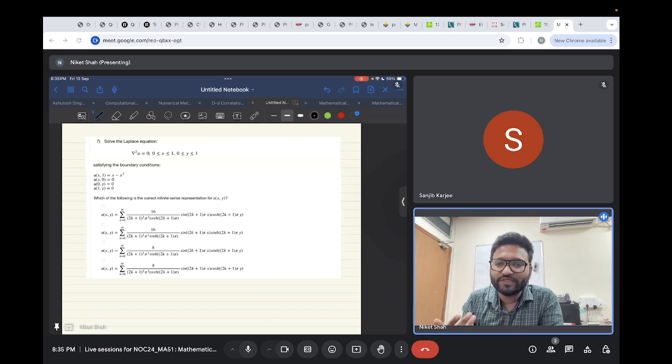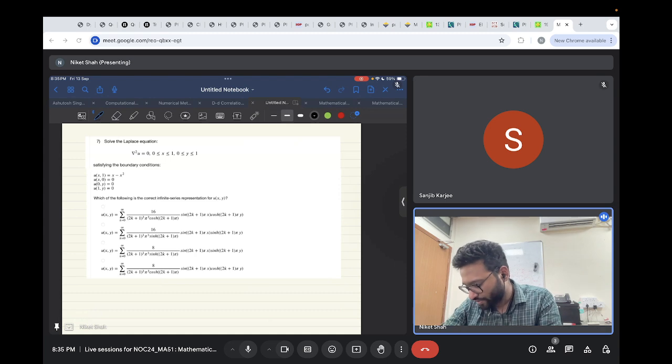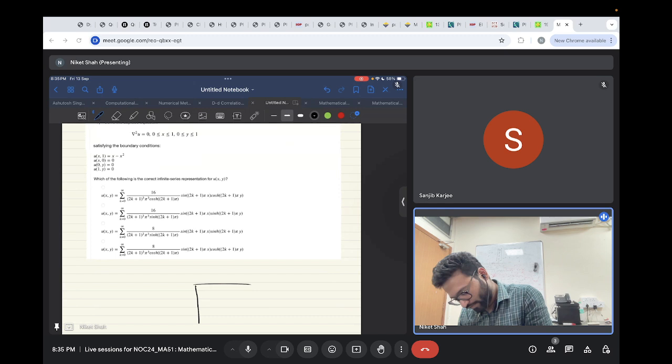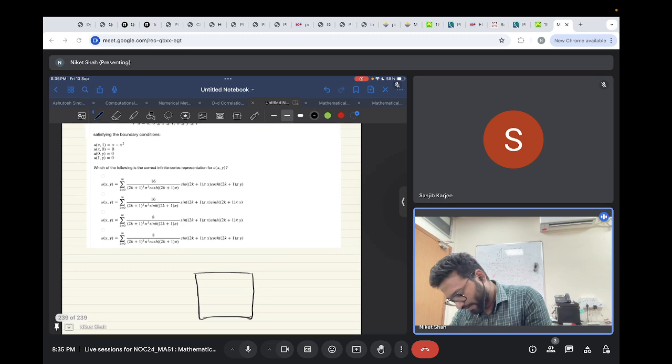So what you're asked to do is solve this Laplace equation del square u is equal to 0, where you have defined the boundary of x and y, where x is going from 0 to 1. So this is a square box basically. x is going from 0 to 1, y is going from 0 to 1. So this is basically my x and this is my y. u of x comma 1 is this edge, u is equal to x minus x square on this edge.